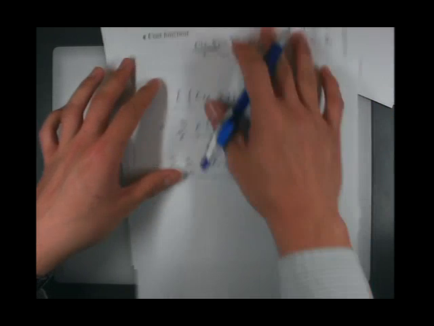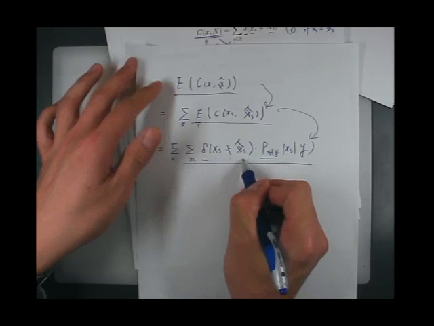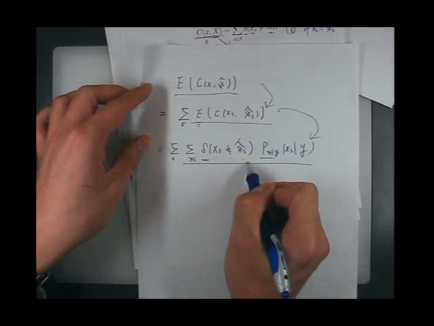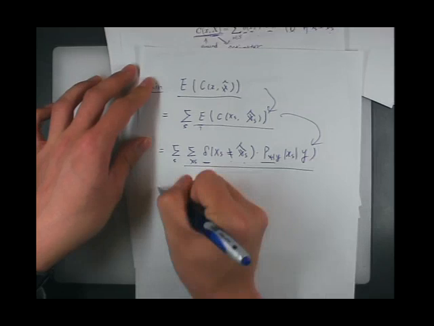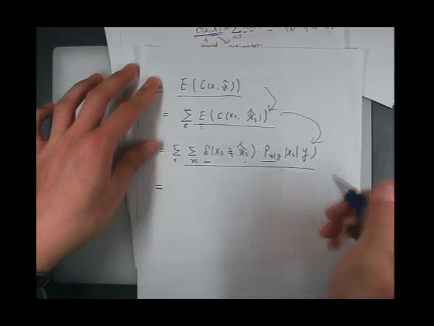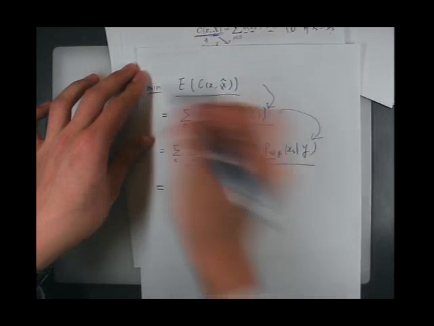And again, how do we define the delta function? Whenever x does not equal x hat, the value is 1. So we want to minimize this term.